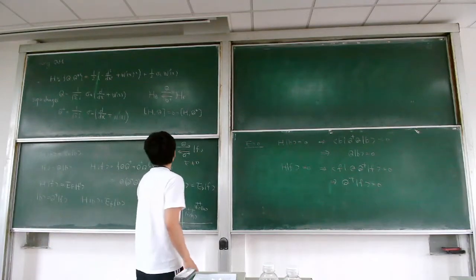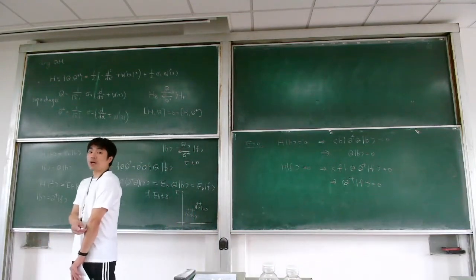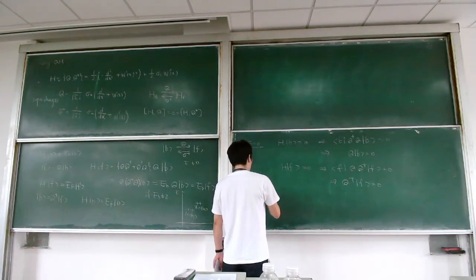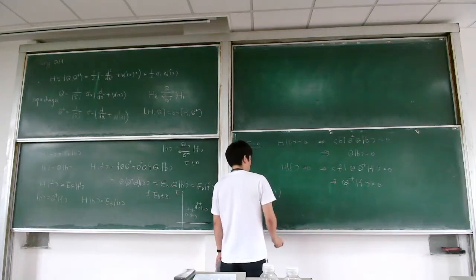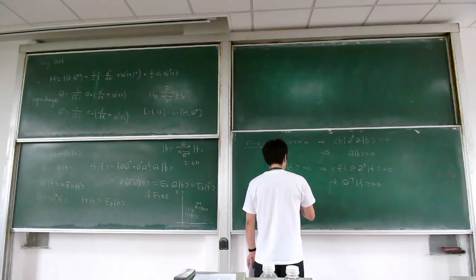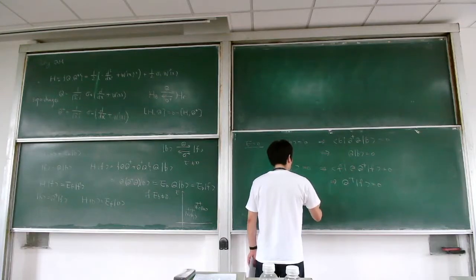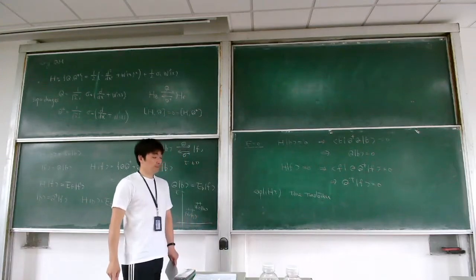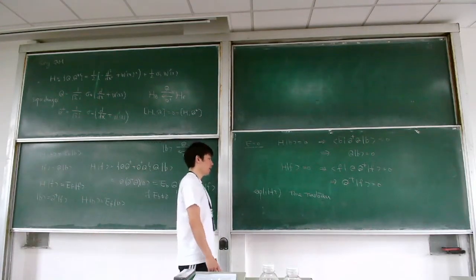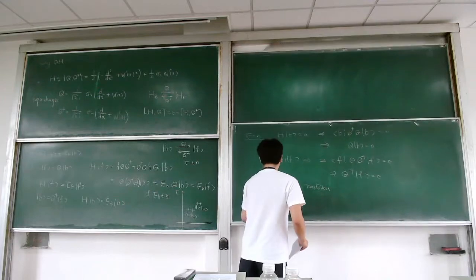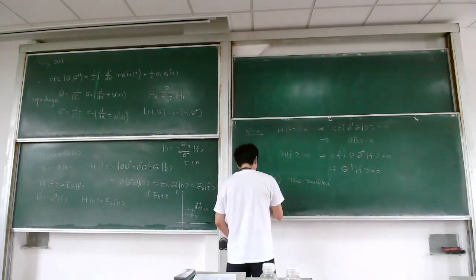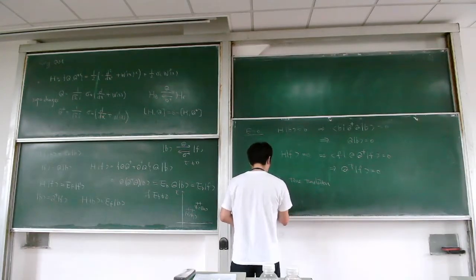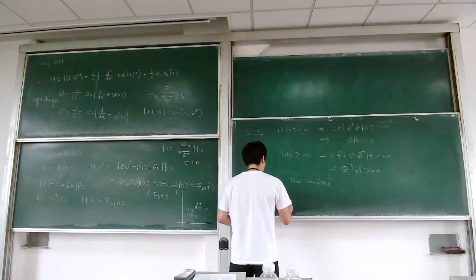So as I mentioned, the supercharge is the square root of a time translation. So therefore, exponentiating this will give you time translation in quantum mechanics. On the other hand, this will generate some fermionic translation.